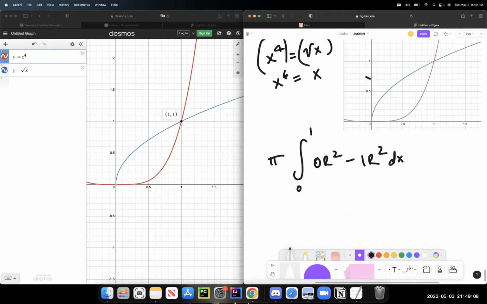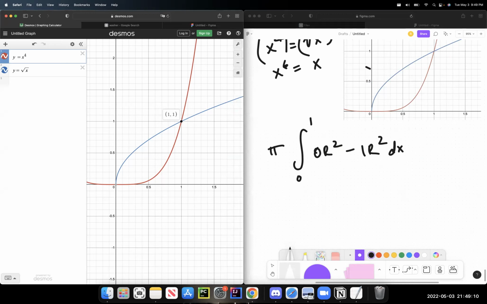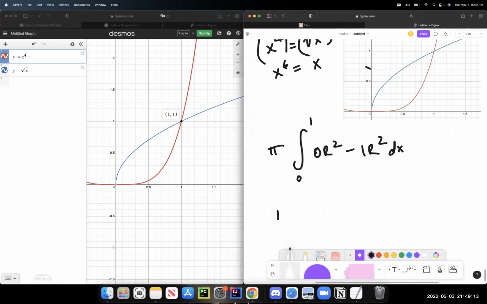We take this top curve, x to the fourth, and say that's going to be the designated outer radius. So it's pi from 0, the top curve x to the fourth squared, minus the inner radius, which in this case would actually be a very, very small portion. If we're looking at this whole line, then this inner radius would be very, very small.